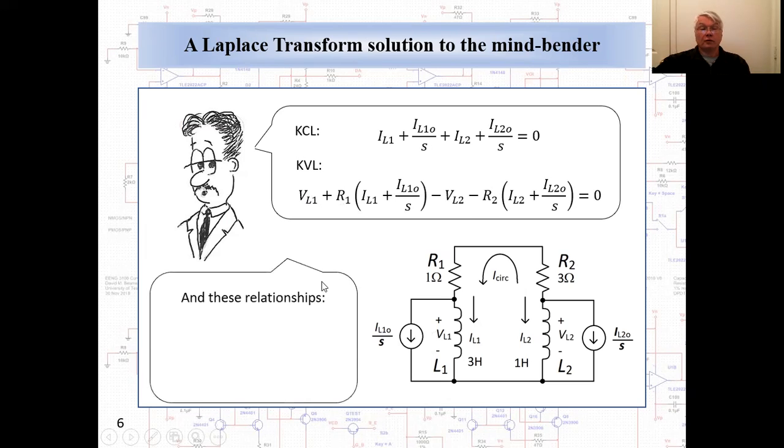And we have supporting relationships that in the Laplace domain, the voltage across L1 is sL1 times the current in L1. The voltage across L2 is sL2 times the current in L2. And the circulating current is just the current in L1 plus its initial current source minus the current in L2 minus L2's initial current source.